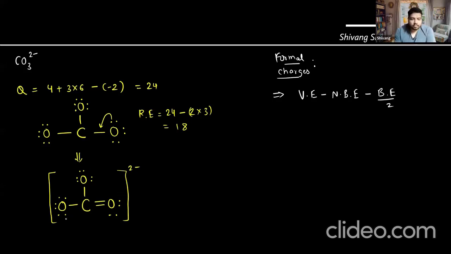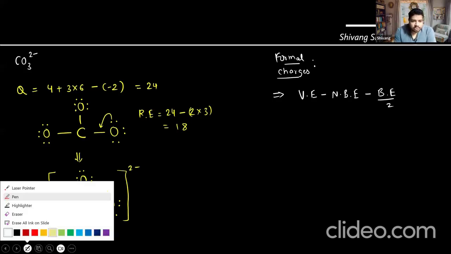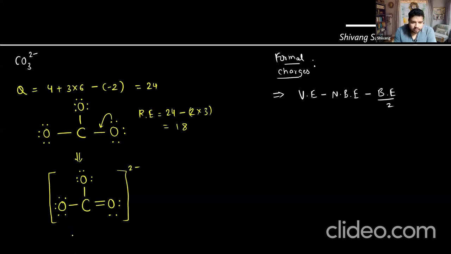Okay. So I'm going to mark one of the oxygens, this oxygen here, which I'm calculating it for. I'm calling it O1, the first oxygen. This is O1, this is the second oxygen, and this is the third oxygen.